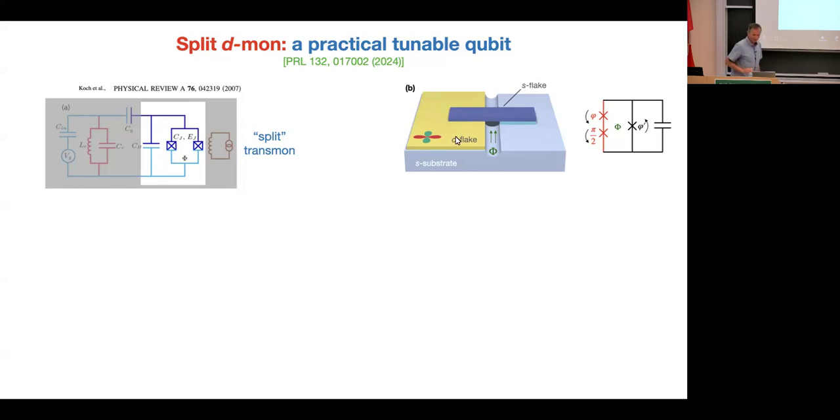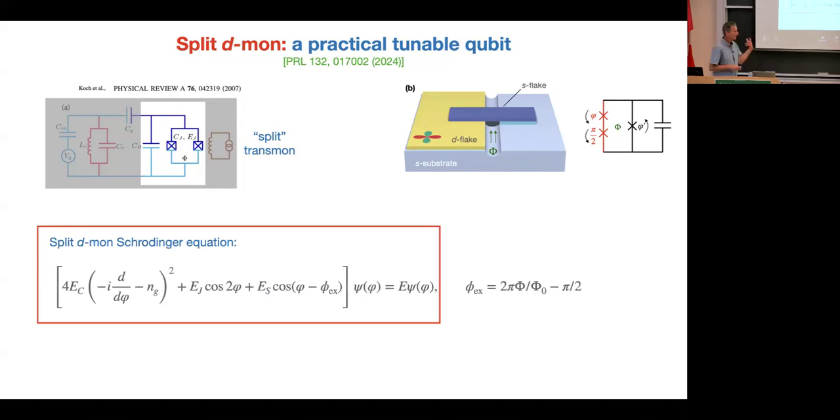And again, I'd be happy to answer questions about this, but one can do that, in which case one can control some parameters of that circuit. Basically, what happens with this split d-mon design is that you get an additional term here, which is cosine phi minus this external flux that you drive, and that gives you some parameters that you can tune externally.